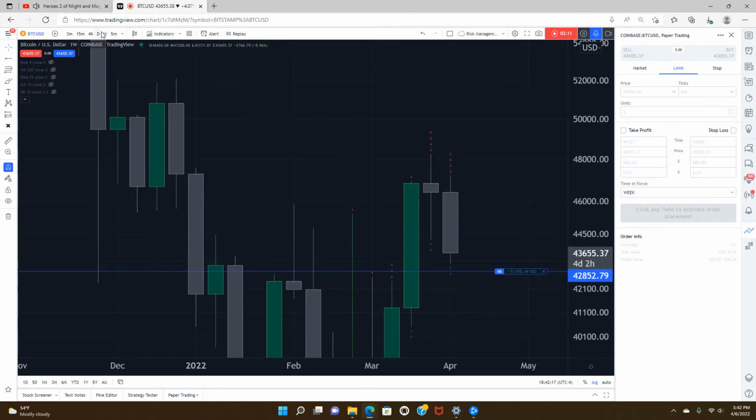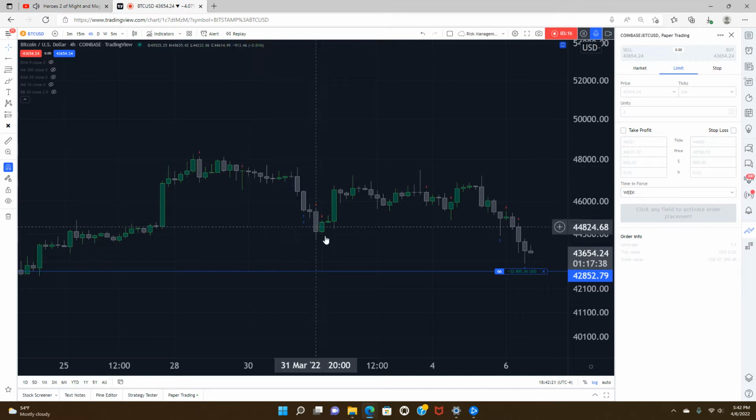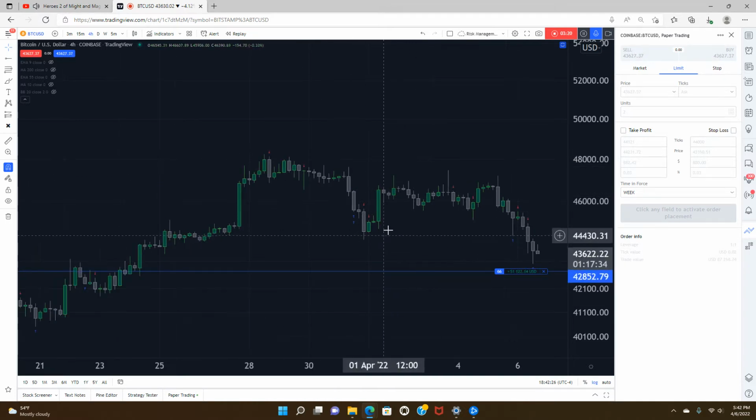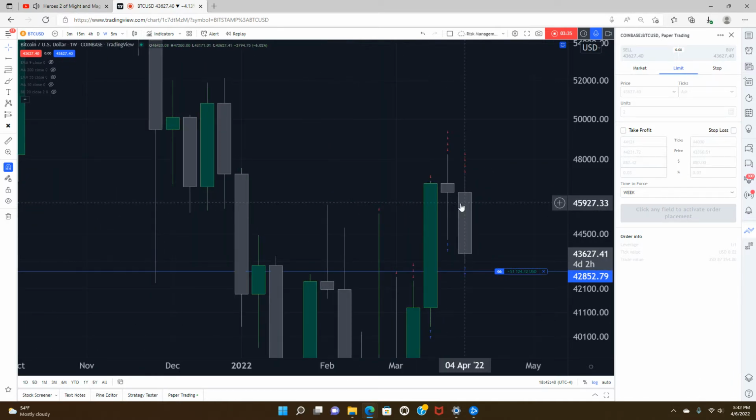So although market structure is starting to break on the lower time frames, the intermediate time frames, the 4-hour chart really isn't a low time frame, but for lack of a better word, the intermediate time frames, it is starting to break down a little bit, but I would be looking at that weekly closure. Whether you're looking at CME on Friday or the TradingView close on Sunday, I think both are valid.